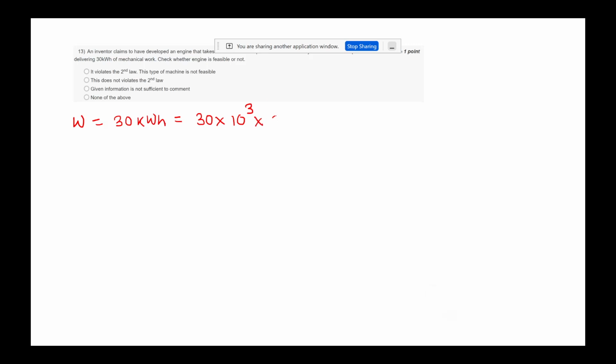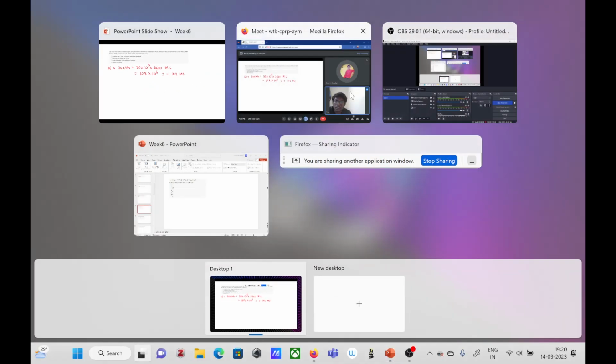Then hour means 3600 seconds. So this will be watt second, and this will be 108 times 10 to the power 6 joule, means 108 megajoule.